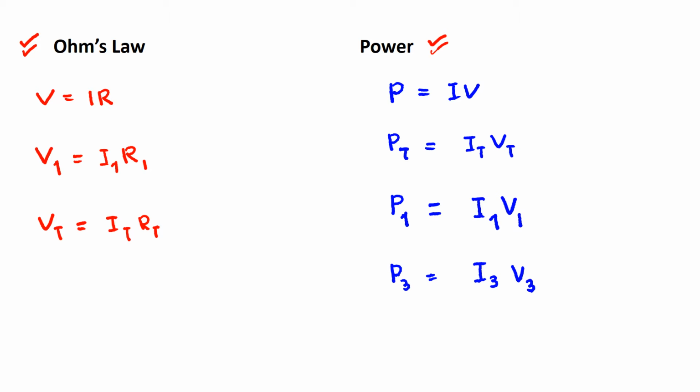And recall that we have several forms of the equations of power. So we have P is equal to I squared R, and we also have P is equal to V squared over R.